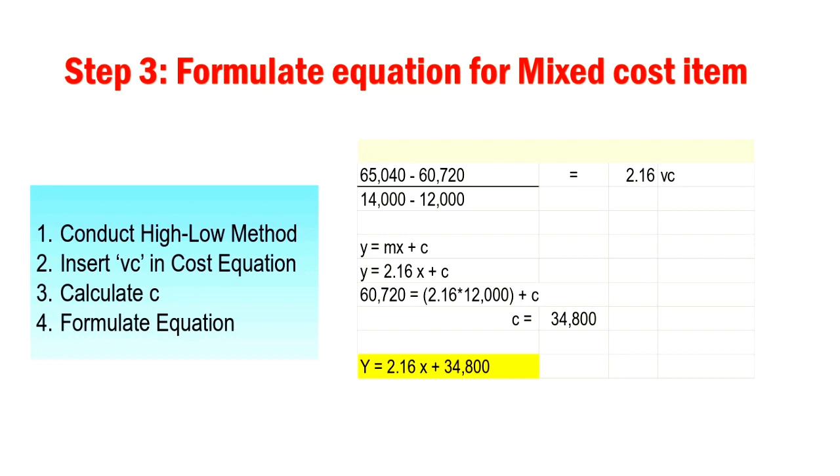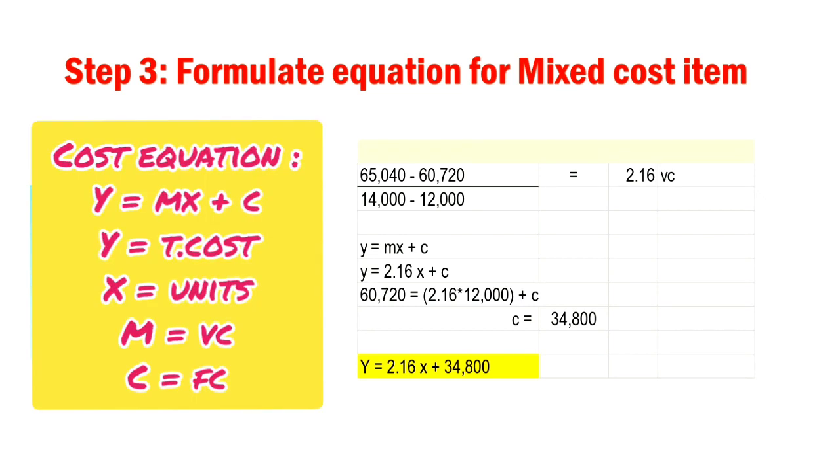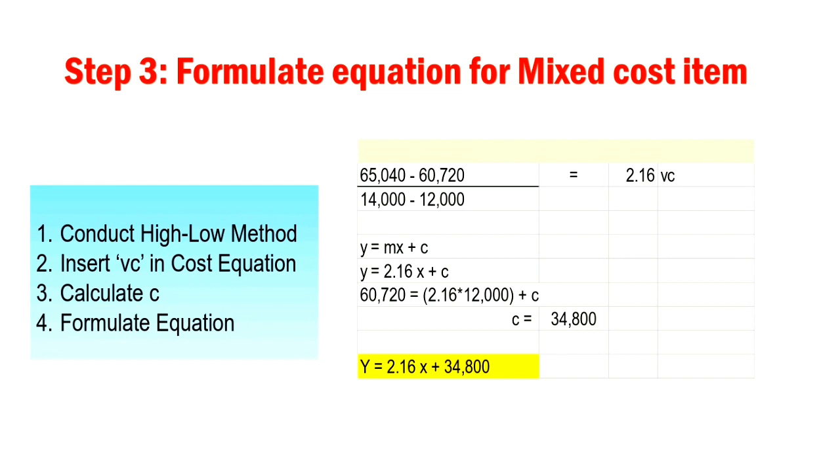Let's recap back. Cost equation, we will use a linear equation y equals mx plus c. So y is the total cost, m is the variable cost, x is units, c is fixed cost. So 2.16 will replace m. That's what we showed in this calculation.